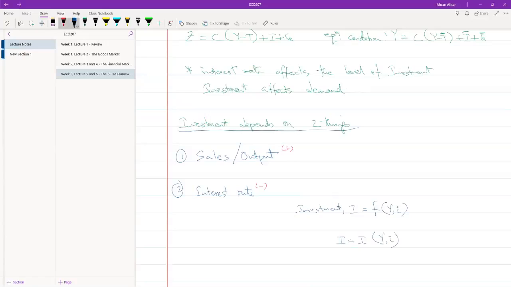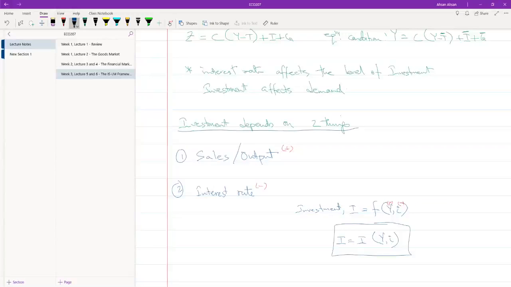And they're the same thing, just different notations. And this is positive. If you want to produce more, you're going to want to invest more, and vice versa. And this here is a negative relationship. If interest rates are very high, you are less willing to invest. And if interest rates are very low, you're more willing to invest.